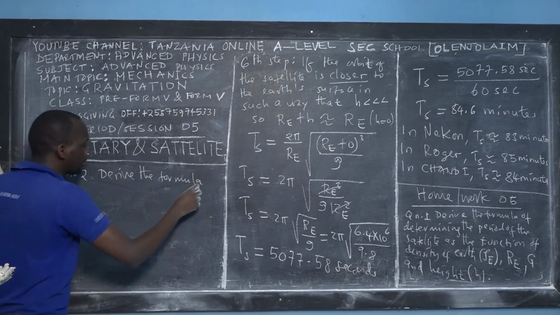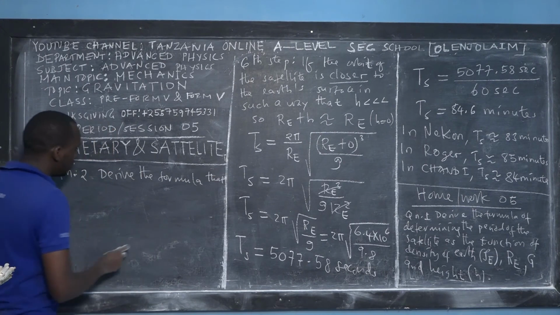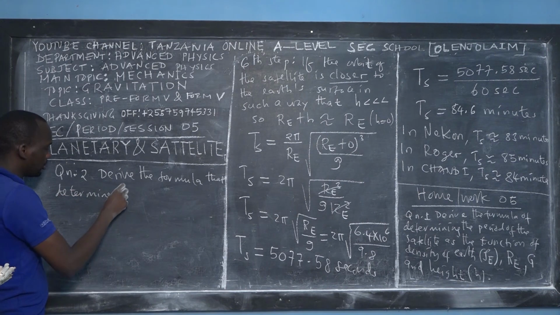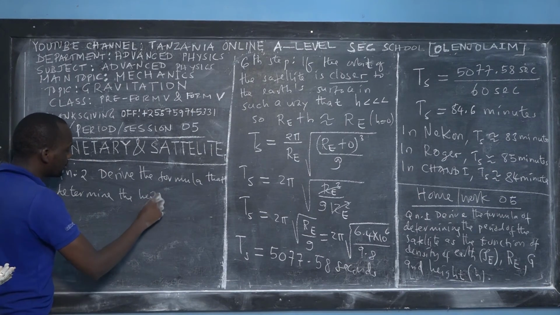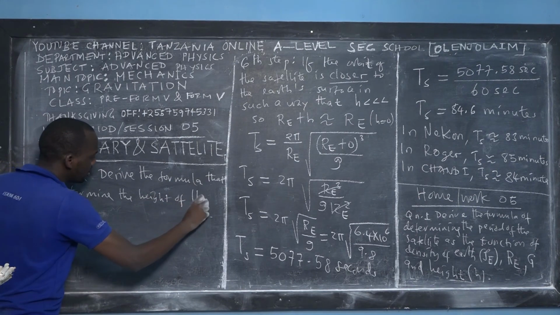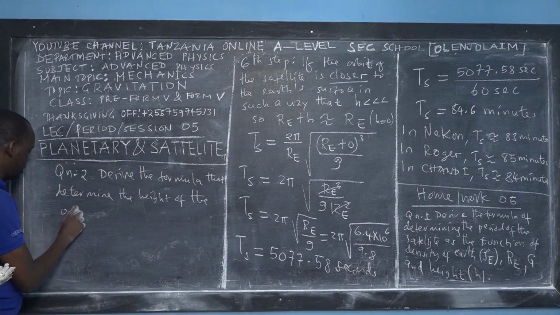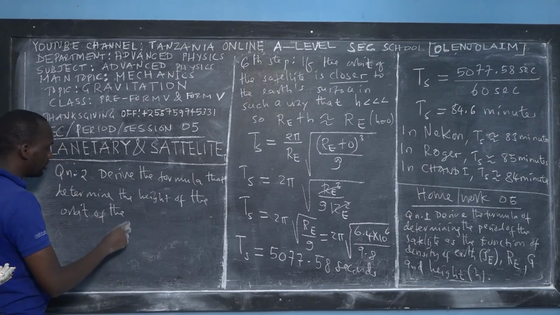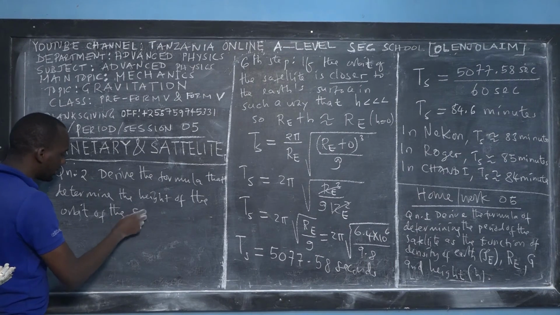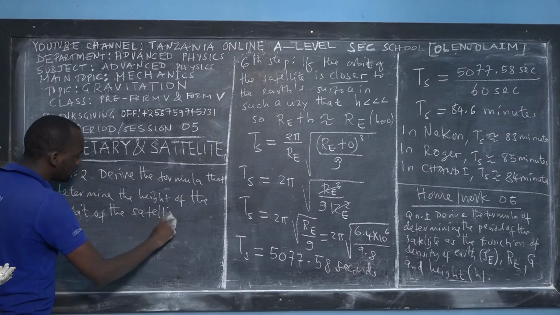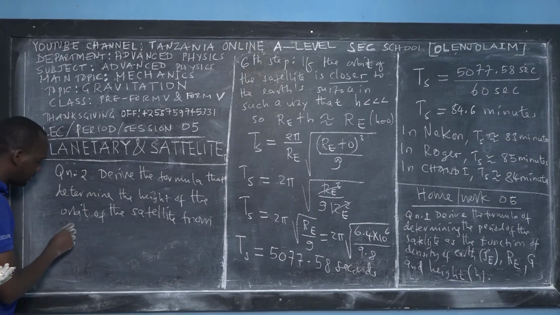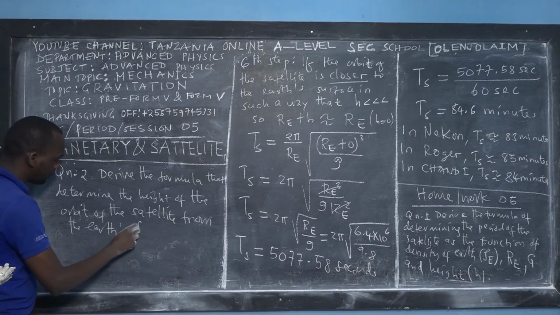that determines the height of the orbit of the satellite from the Earth's surface.